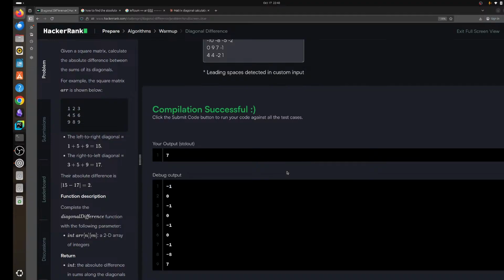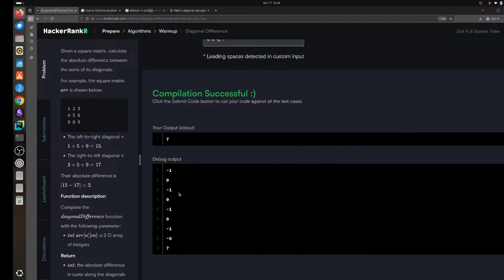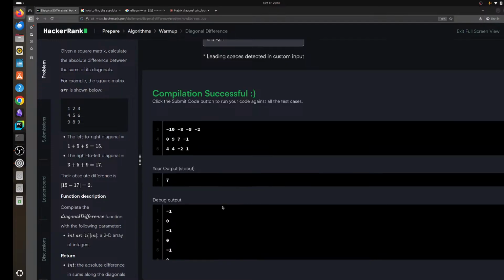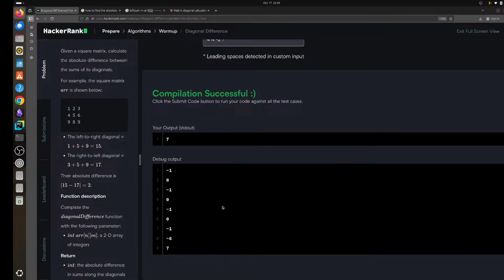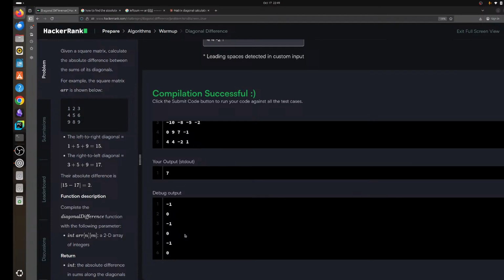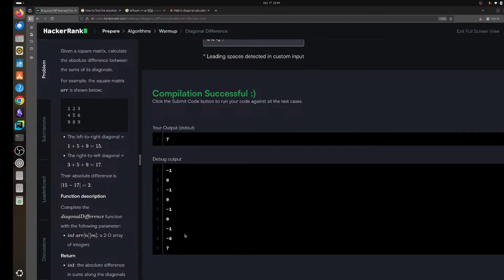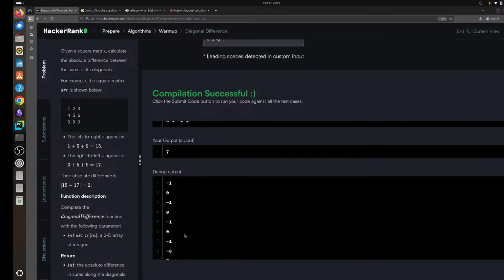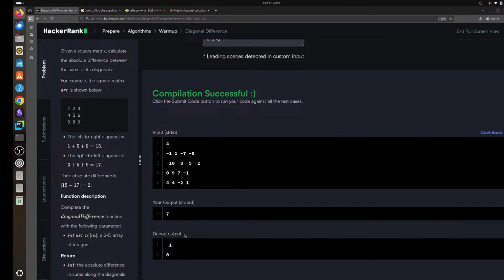Obviously it will print 0. Then it will print again -1. -1 -8, why not -9, it should print, right?